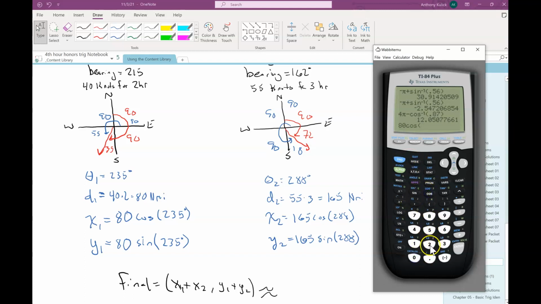So I have x1 is 80 cosine 235 plus x2, which is 165 cosine 288. That gives me 510. And then the sine of each of those, just the same thing with sines in the place, is negative 222, 46.